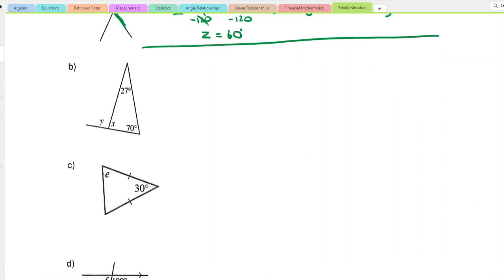In question B, we want to find the x inside the triangle and then the y outside the triangle. So to find the x inside, we will use angle sum of a triangle. The x plus the 27 plus the 70 all will make 180 degrees because the angle sum of a triangle equals 180 degrees.